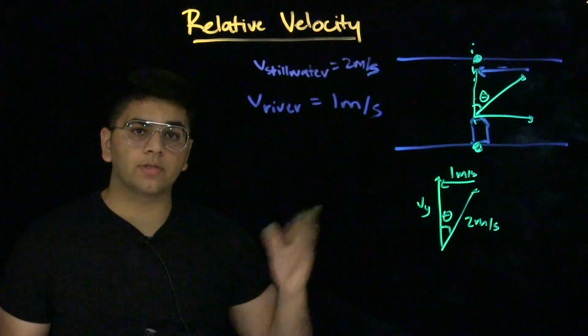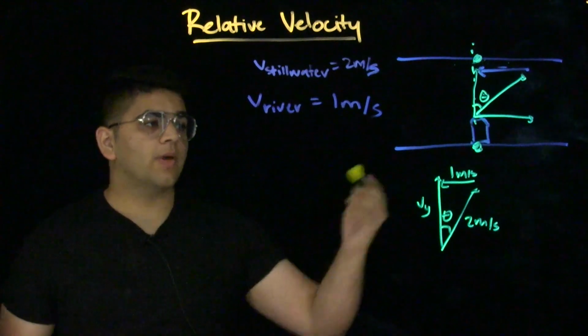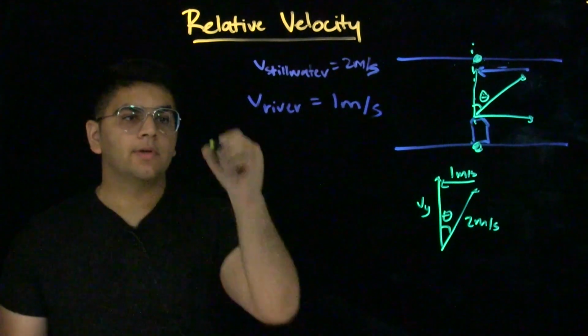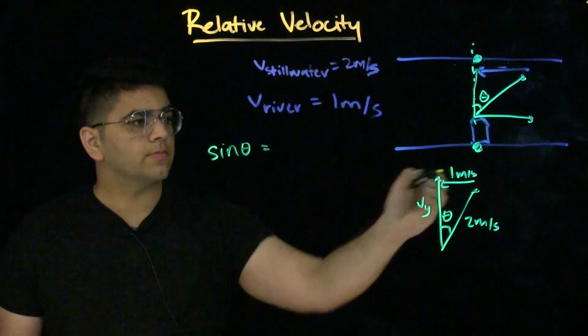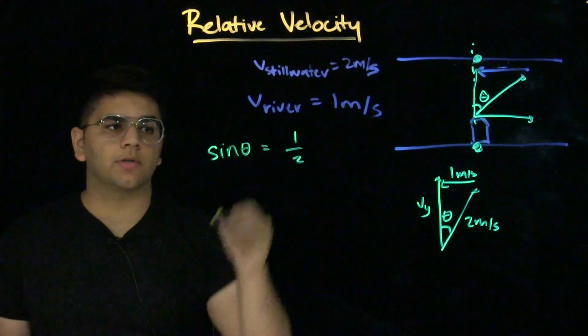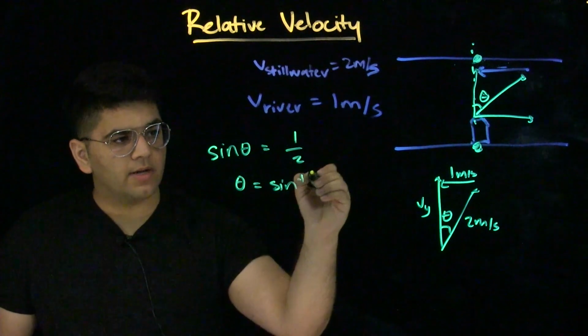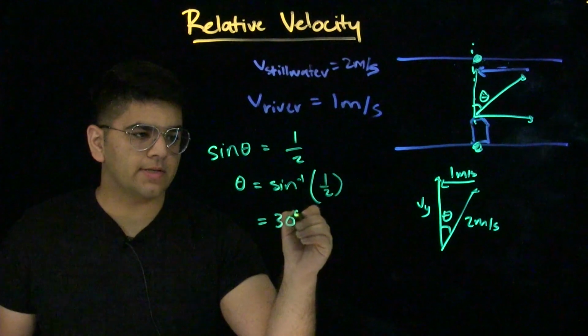It should be angled upwards for it to get straight across. So, since we have the opposite side and the hypotenuse, we should use sine. So we know sine theta will equal the opposite over the hypotenuse. So if we find the angle, so inverse sine of 1/2, it will be 30 degrees.